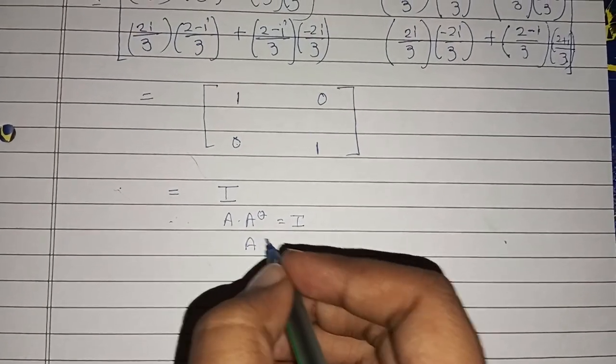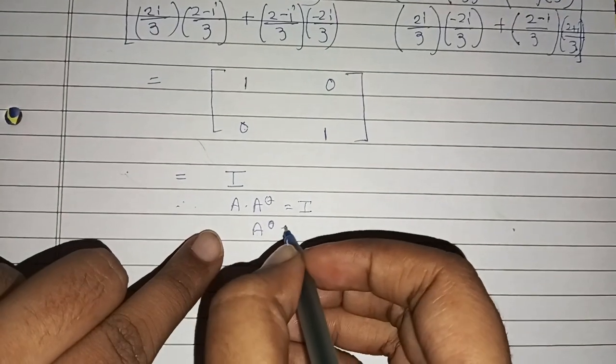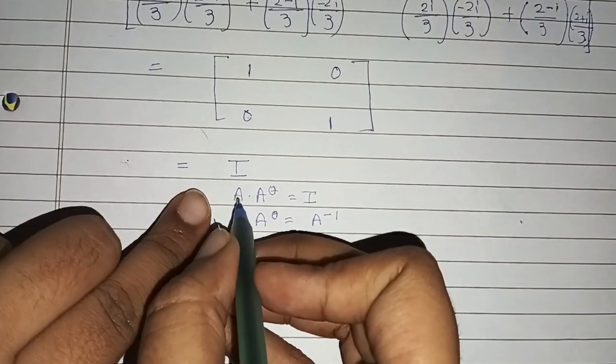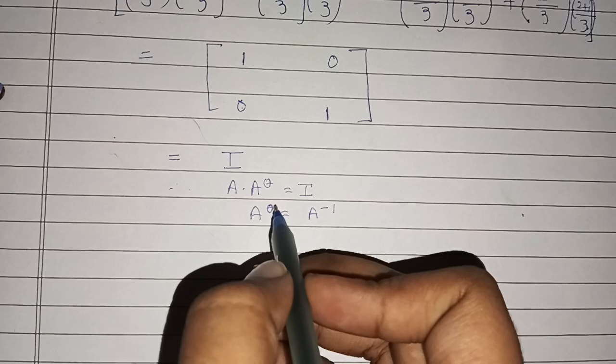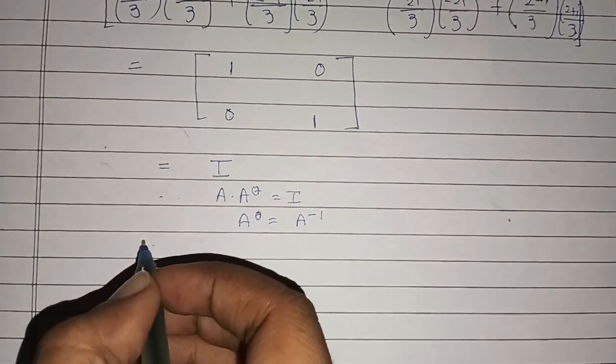I don't know whether you know this or not, so I will tell you: A theta is equal to A inverse if your matrix A is a unitary matrix. So the value of A theta is nothing but the value of the inverse.